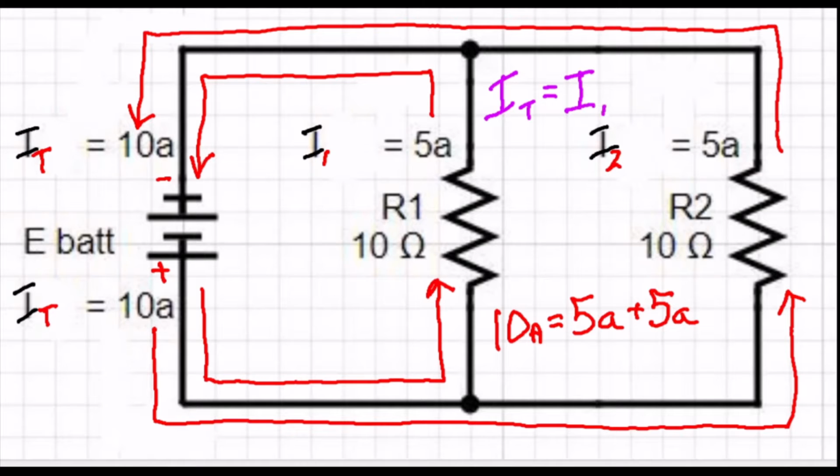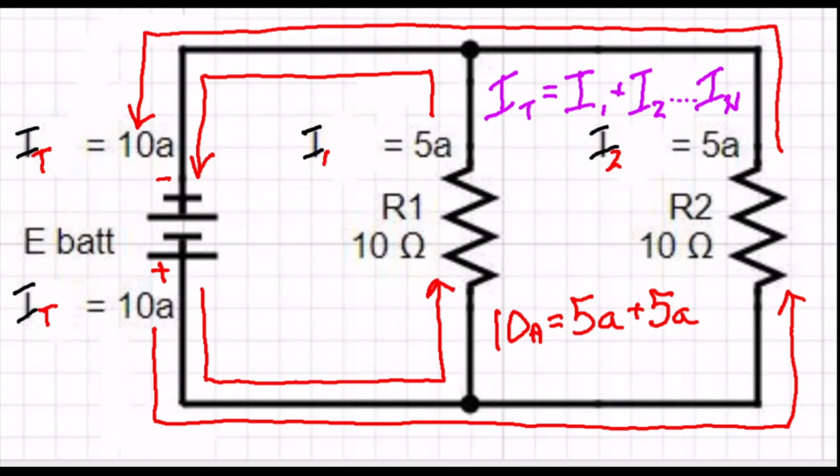So here we have I1 plus I2, and it just keeps going. So we can say that the total number of points where we measure the current at resistors throughout the circuit, we add them up, and that gives us the total amperage of the circuit.